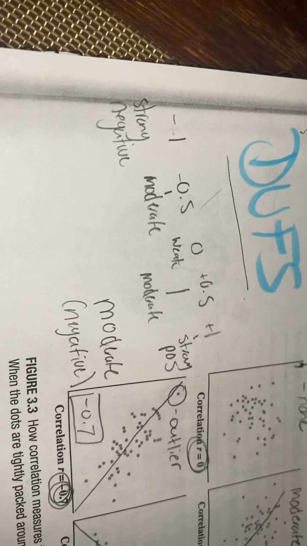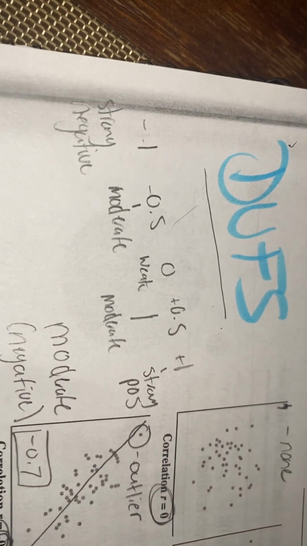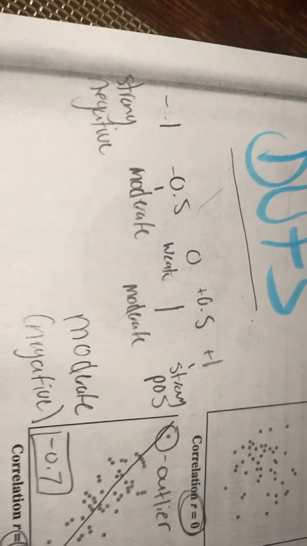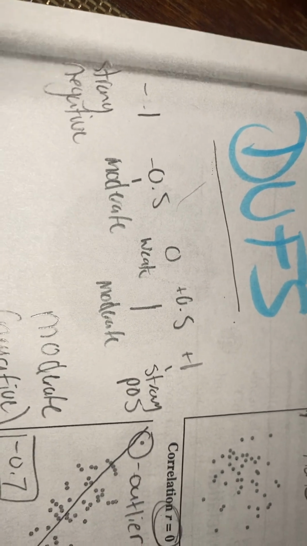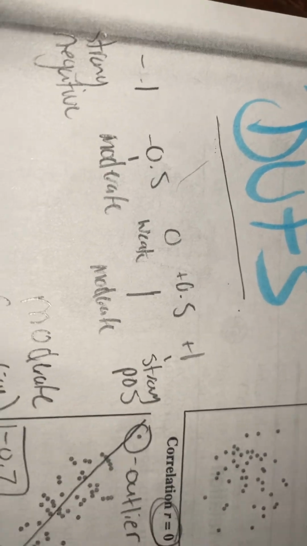Earlier I said that if you were to see this on a graph, like sort of a line graph, depending on where you are, your correlation as well, you could see whether something is strongly negative, moderate, weak, or strongly positive. And I wanted you to see it like this, so I went ahead and drew it for you.